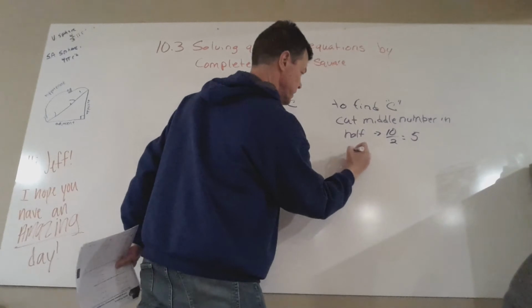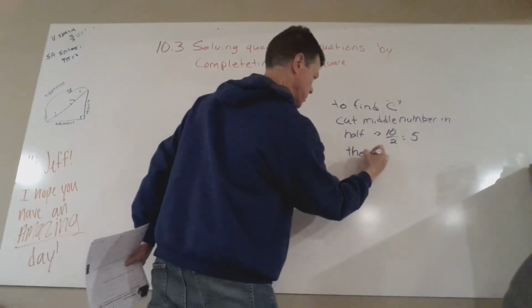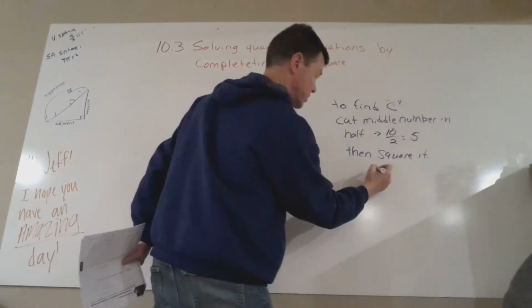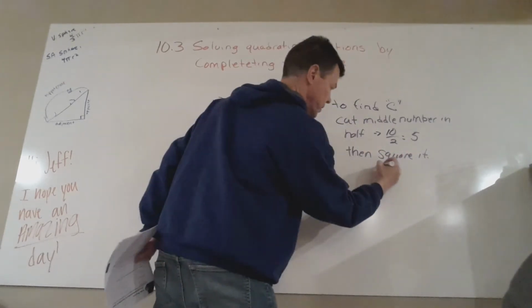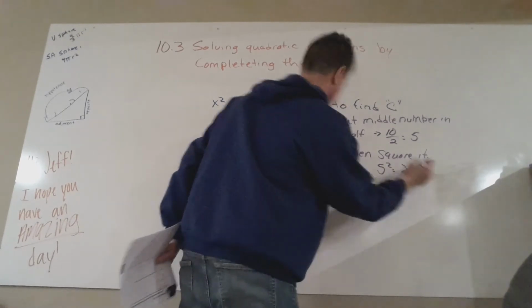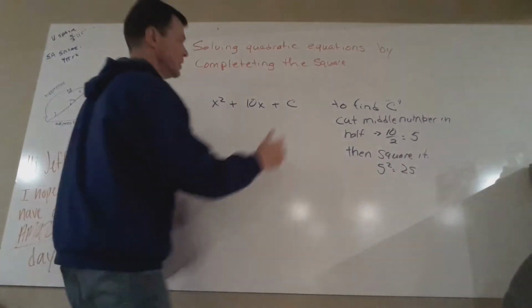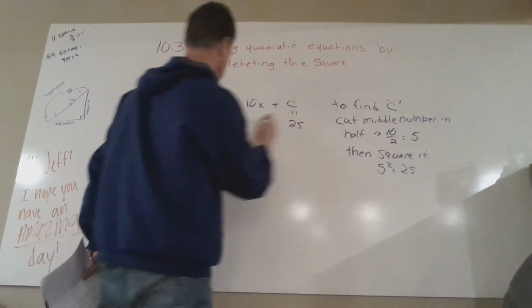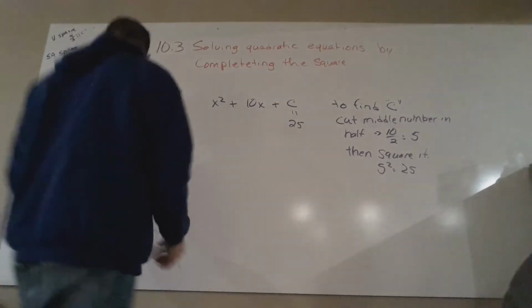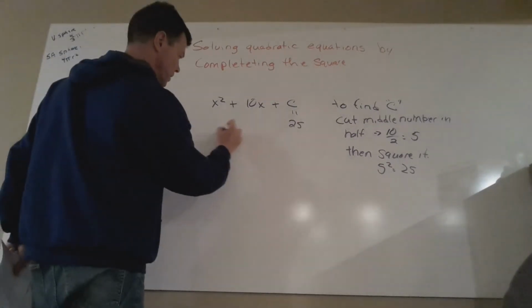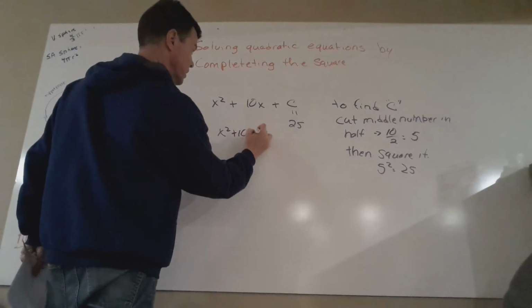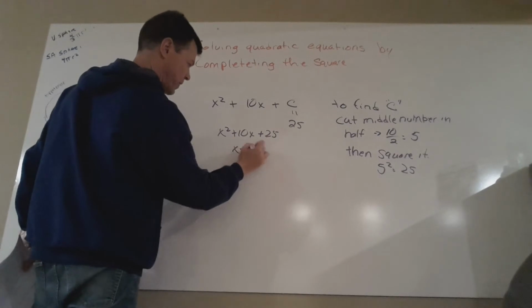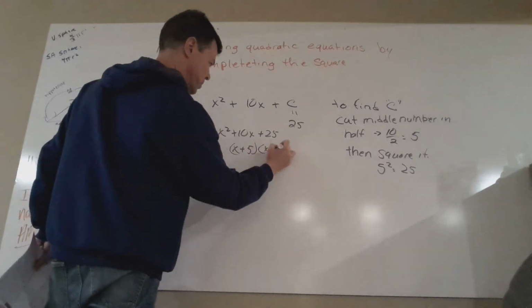And then square it. So if I square 5, it's 5 squared equals 25. So that's what our c equals. c is going to be 25. All right, so I can easily factor this. x squared plus 10x plus 25 is just x plus 5, x plus 5.